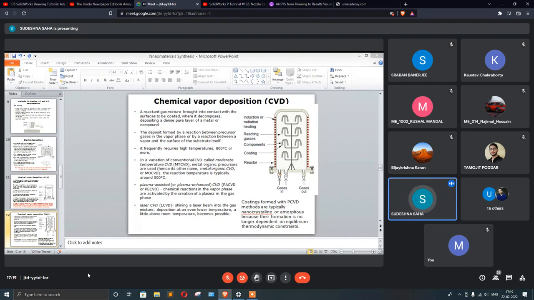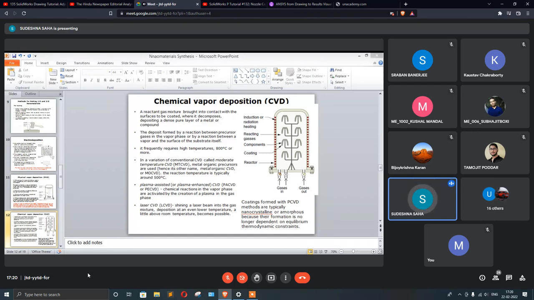And for this process, the main disadvantage is that it often requires a very high temperature for these gases to react. Sometimes the reaction temperature is 800 degrees Celsius, and sometimes there are processes where we require a temperature of 1200 degrees Celsius, as well as some processes for making artificial diamonds where we go around 1800 degrees Celsius.